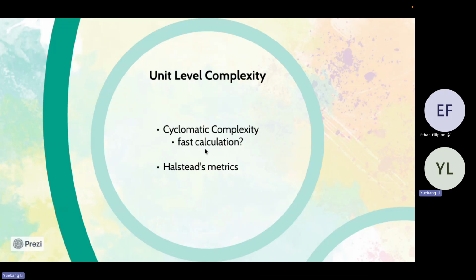That's why we introduce Halstead metrics. There are several key concepts here. You need to count the unique number of operators, the unique number of operands, and the total number of operators and total number of operands to calculate different values. For these complexity metrics, you need to be able to apply them to analyze the complexity of a given piece of software.